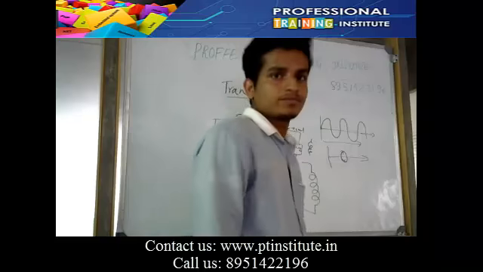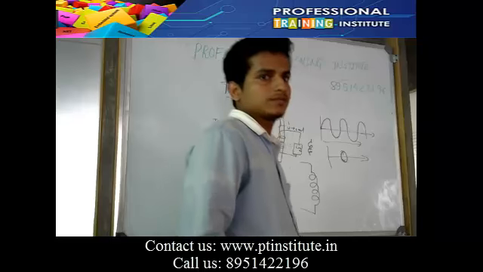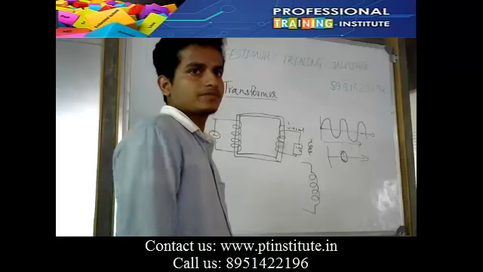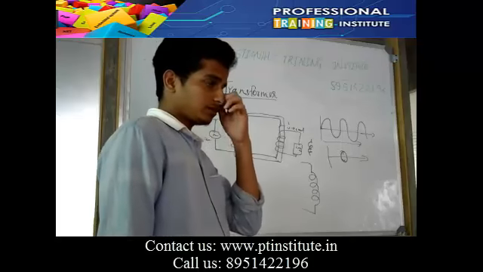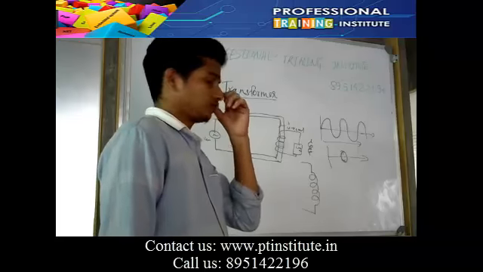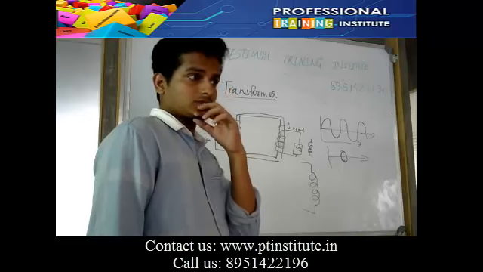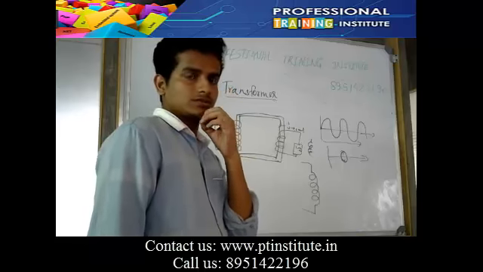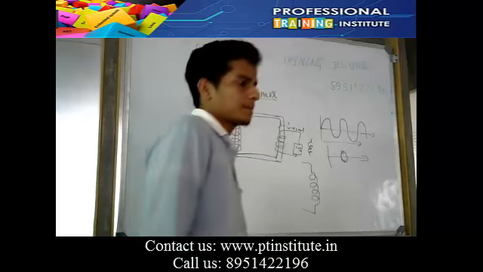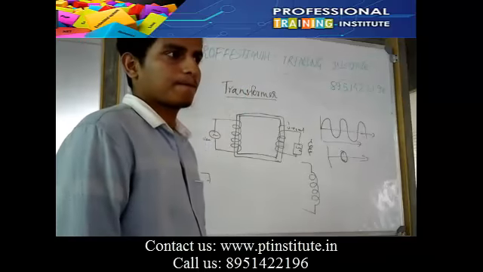Okay. How does a transformer work, Chetna? Alternating current is given in the primary section. It generates a magnetic field in a conductor. Go on. After that, it will circulate there and generate flux.